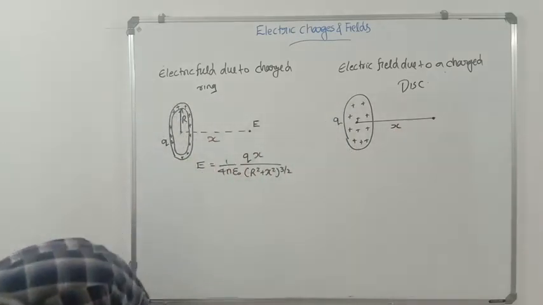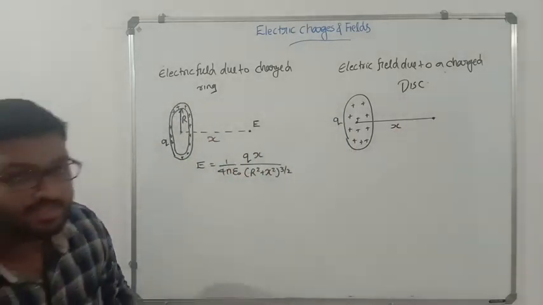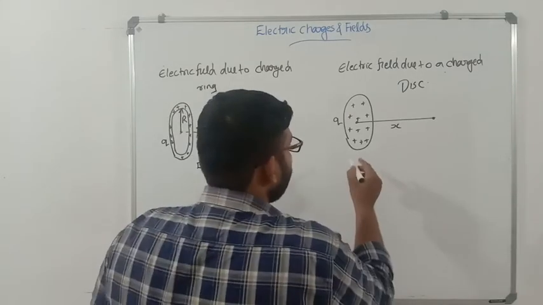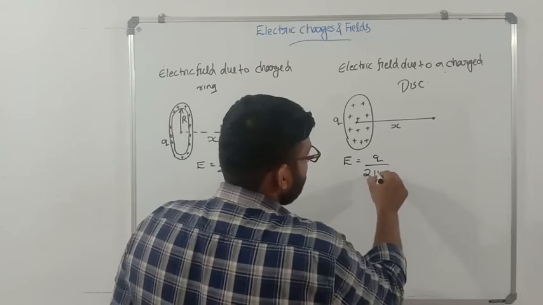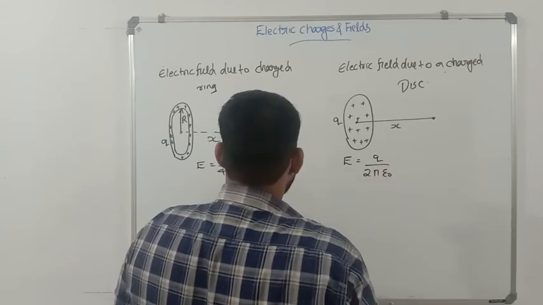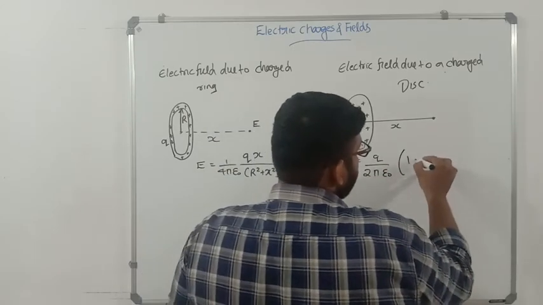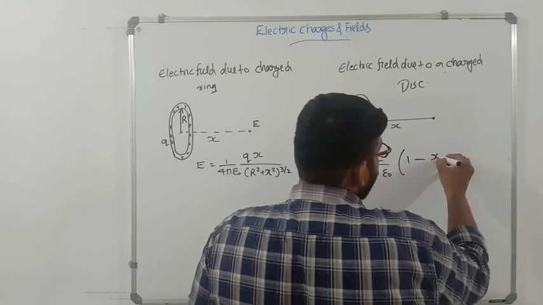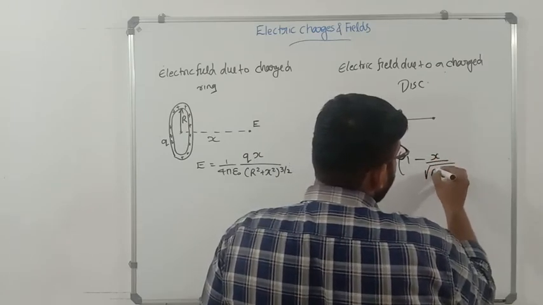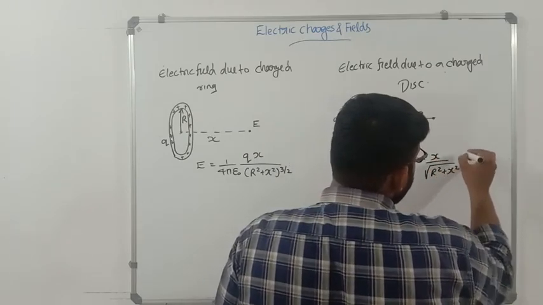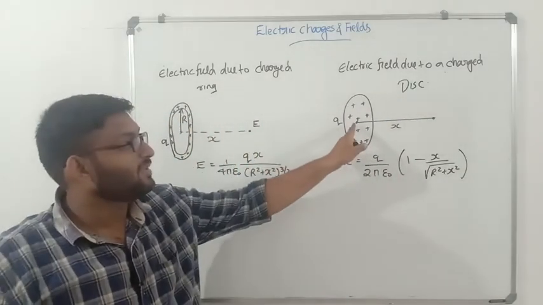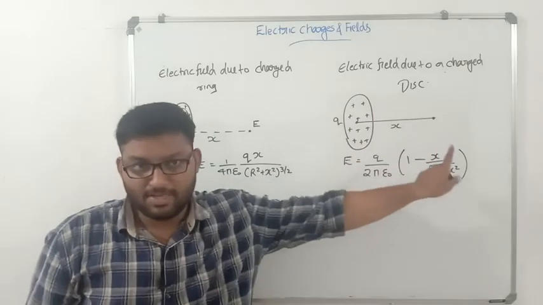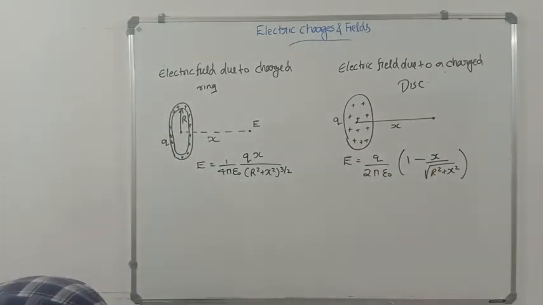So we need an equation for solving this, and that is E is equal to q by 2 pi epsilon 0 into 1 minus x divided by root over r square plus x square. You can use this for electric field at a distance from the center of a disc. This is very important. Please note down.